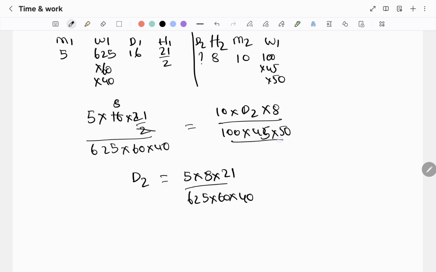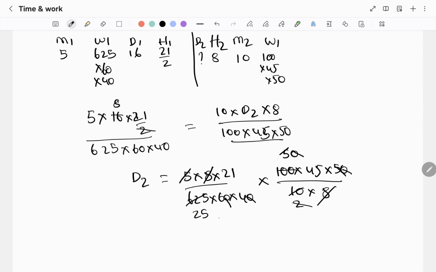Now D2 means the denominator now comes to the numerator, 100 into 45 into 50 by 10 into 8. 8 and 8 get cancelled. 5 ones are 5, 5 twos are 10, 2 ones, 2 50s, okay. But 2 zeros, 2 zeros. 5 fives, 25, 25 25s.